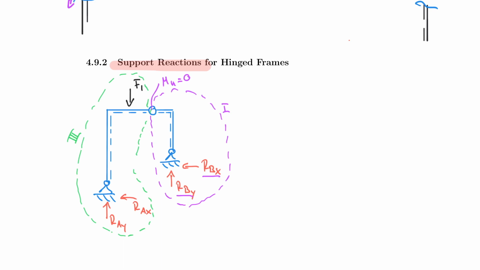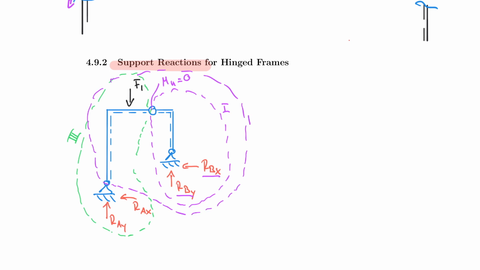Therefore, I need to set up another set of equations in which I have the same unknowns. If I stick with my RBX and RBY, and I'm going to use the purple color to show this again, I just cut through this hinge and include the entire system here, everywhere around.